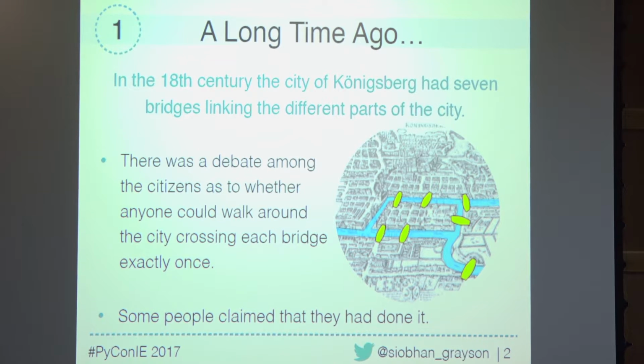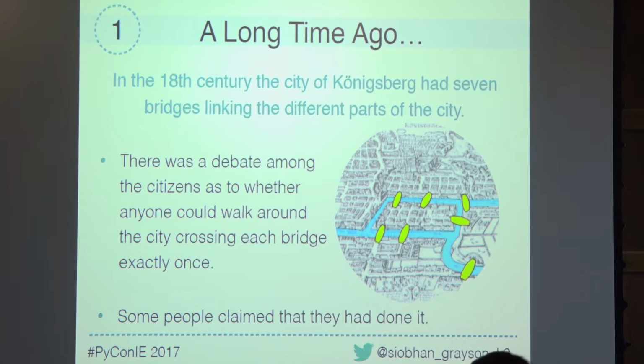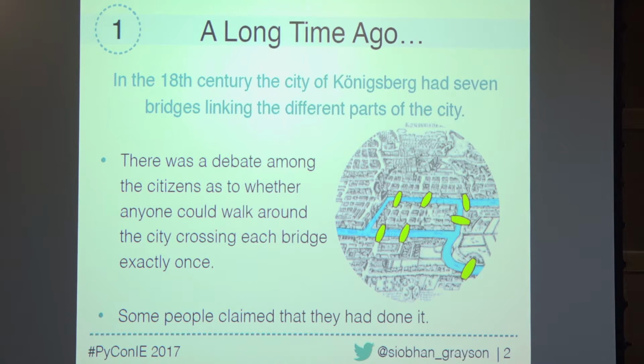They wondered whether it was possible to reach each of the land masses of the city by only crossing each of the bridges once. In the diagram there, the bridges are the green stripes and the land mass is grey. In fact, some people had claimed that they had actually done it. There is my feeble attempt. I was unable to do it. There are still at least 2 bridges there that I wouldn't be able to cover without repeating my tracks.